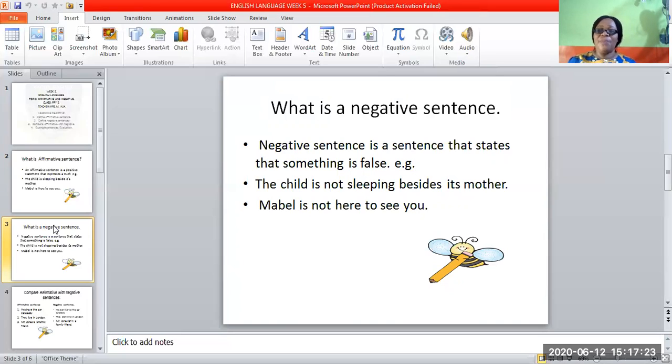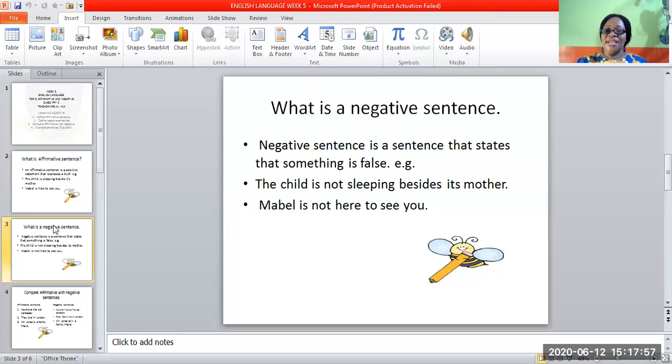And for you to be able to identify a negative sentence easily, you have to note the word N-O-T, not.